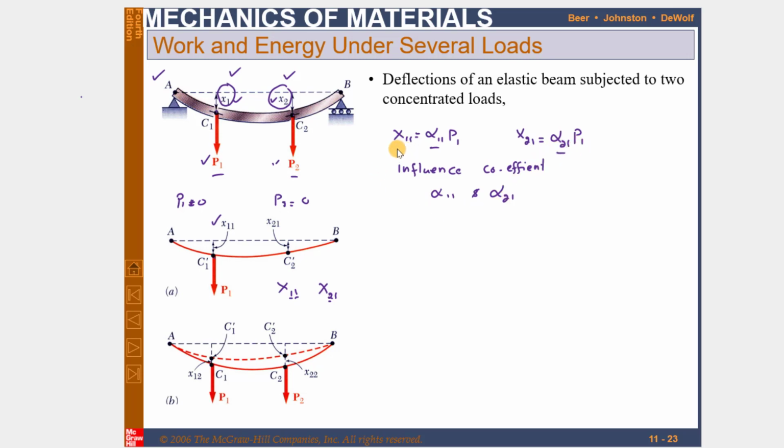These are the deflections due to load P1, which are x11 at C1 and x21 at C2. We have represented them.